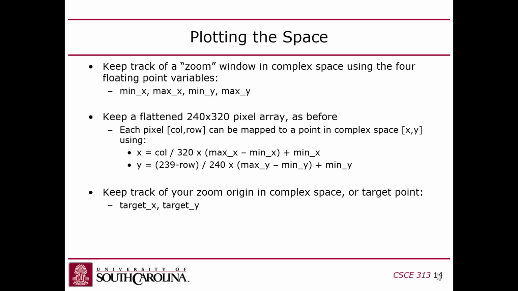So this is what I was describing. For x, let's start with this. You take the maximum x minus the minimum x. That's your horizontal range, right? And you multiply that by the column that I'm on, divided by 320, because this number is the ratio.